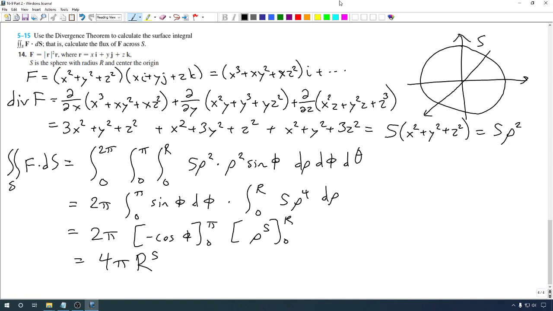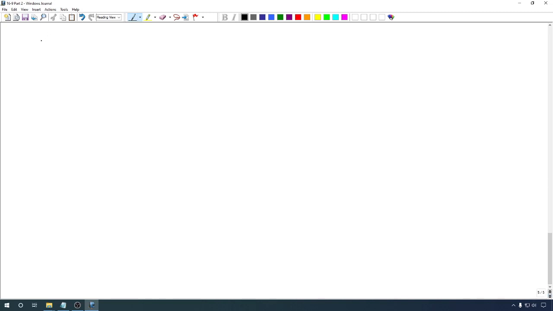So it wasn't too bad. Honestly, though, we probably didn't actually save too much work by doing the divergence theorem here, because we actually know stuff about the sphere already. We do know for the sphere using the outward orientation that the unit normal is going to be essentially just r over r.